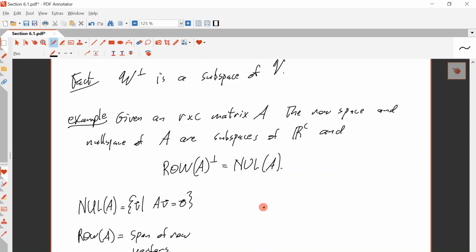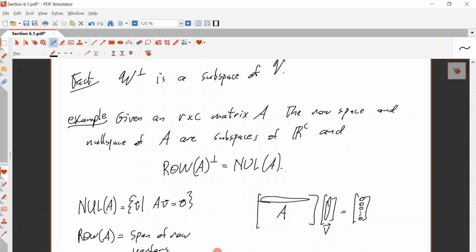So if you have A times a column vector v equal to 0, then every row in A times the column vector v should be equal to 0. So row dot column needs to be equal to 0 for every row.